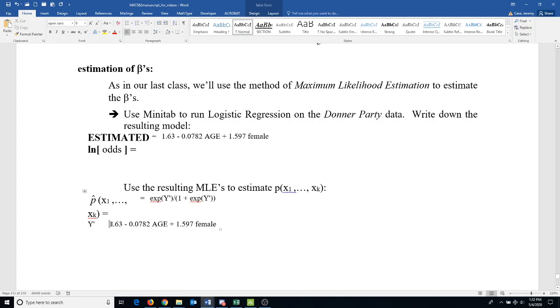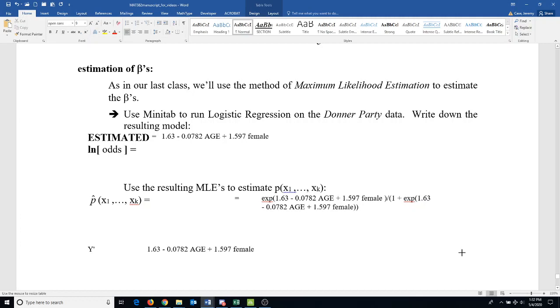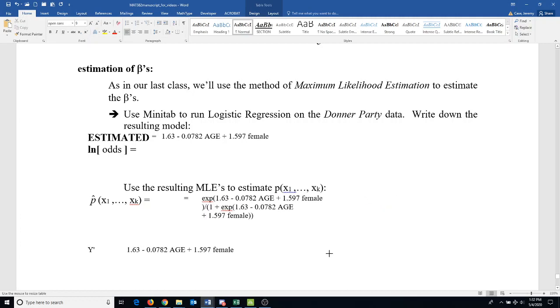So I'm going to take this part right here and place it for y prime and 1 plus y prime, and see if I can get rid of other things. Let's see if I can make it look like 1 over something. Yeah, it looks pretty good.